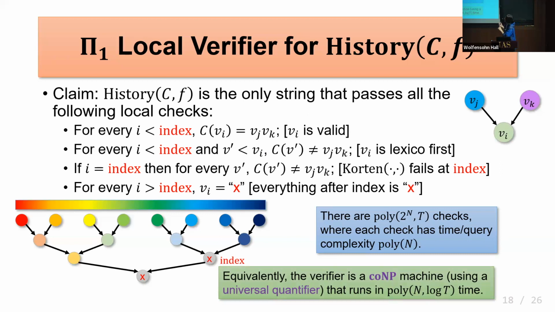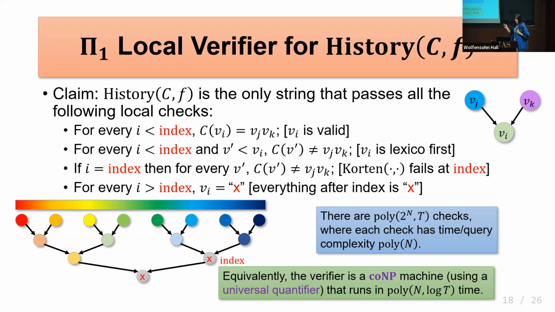The upshot is that we have a co-NP machine with random access or oracle access to the history, which uses a universal quantifier, reads the history poly many times, and then accepts the history if it is exactly as defined and rejects it otherwise.